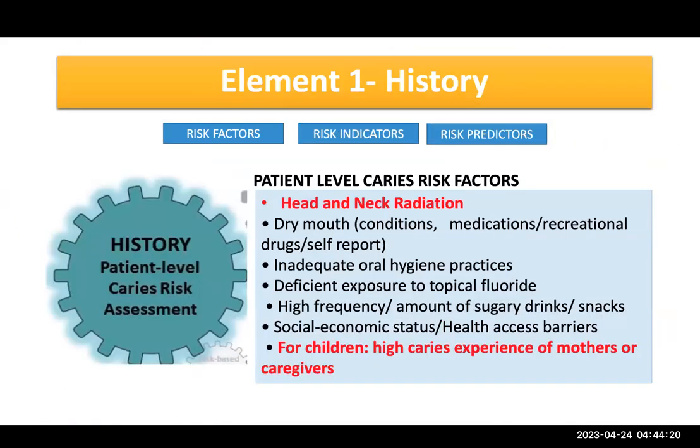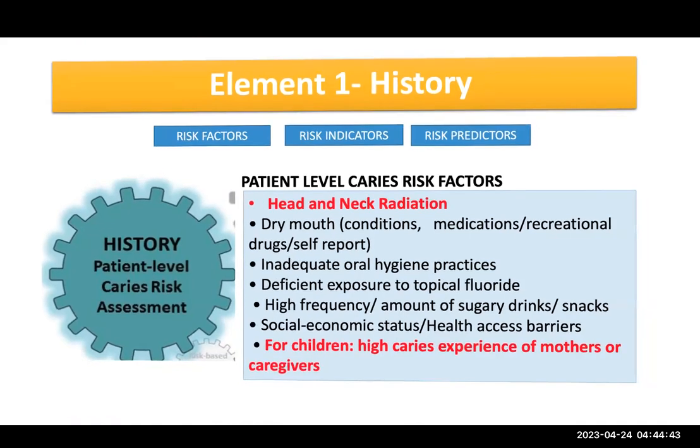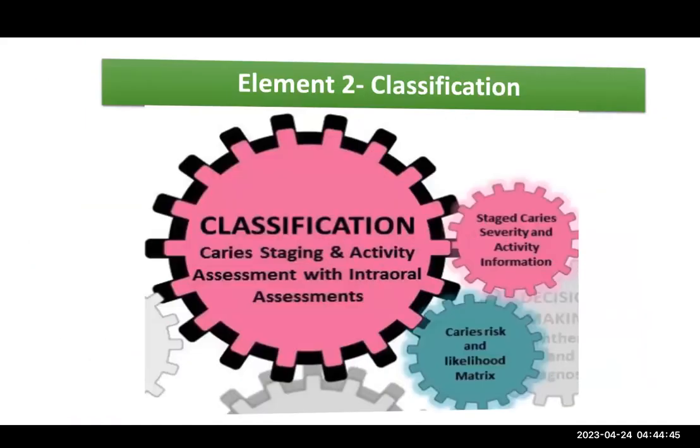So these are the details of each element, like history taking. In this history taking, you go from head and neck radiation to dry mouth, to oral hygiene practices, fluoride usage and sugar usage, socioeconomic status, health access barriers, which has come for the first time, and mother's or caregiver's caries level.